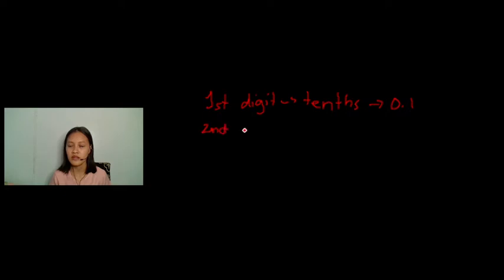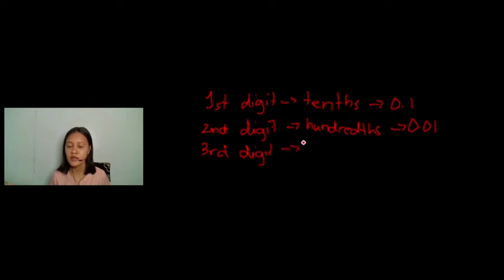Second digit, its place value is hundredths. Value is 0.01. Third digit, we have thousandths. Then its value is 0.001.